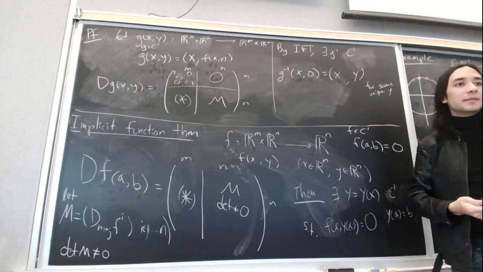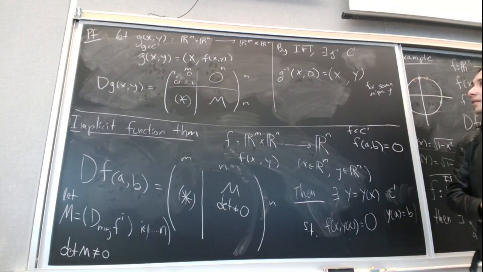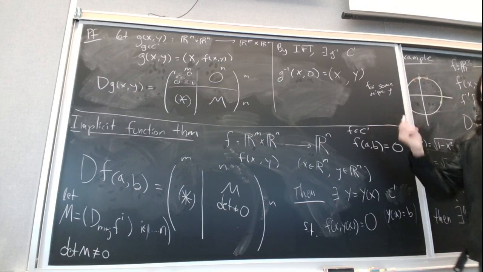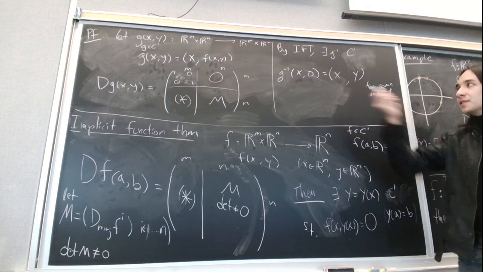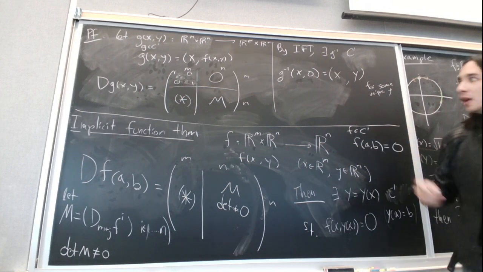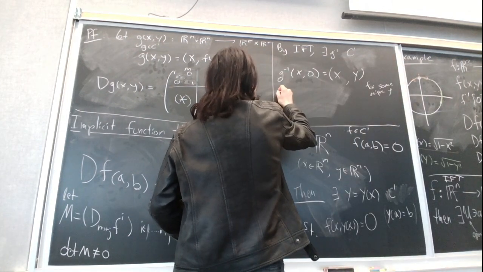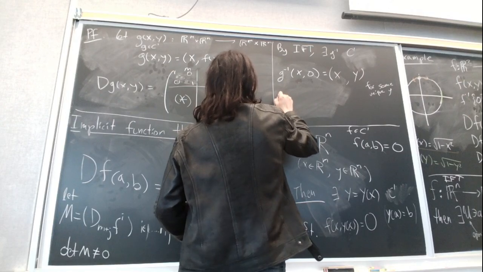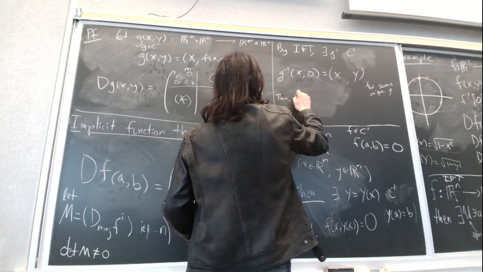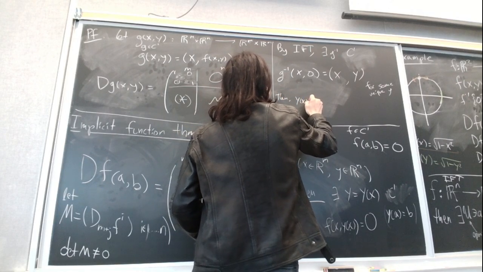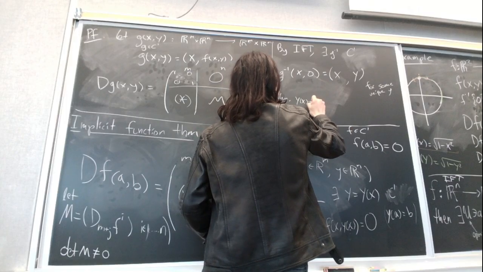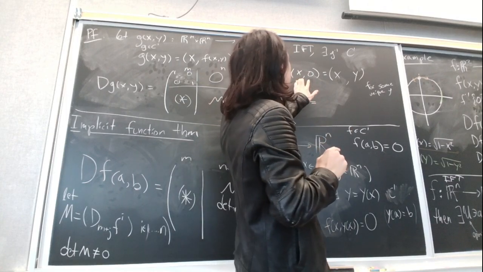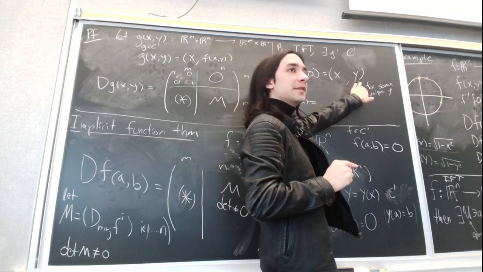Does that make sense? Yes. But then the y is unique for each x. Yeah, y is unique for each x, and moreover, this G inverse map is smooth. So all I have to do is define y of x to be, okay, we take G inverse of (x, 0) and take the second component.